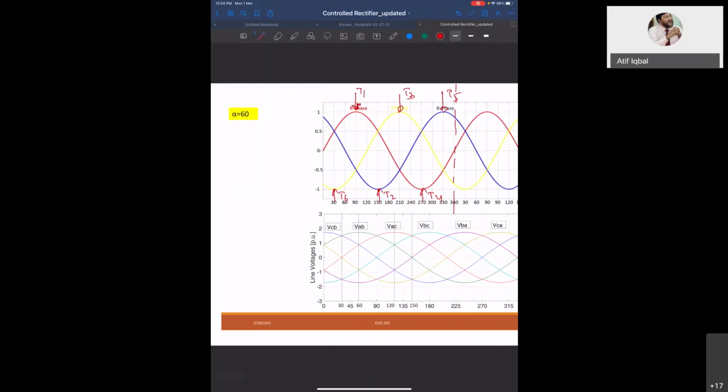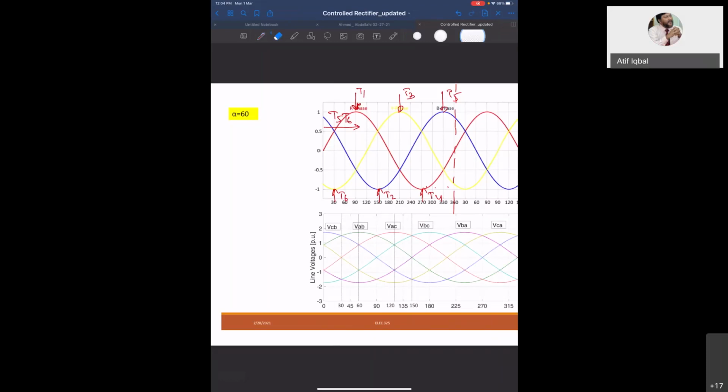So now you see one more shifting of T5, from here to here, T5. So T5, T6 is operating from here to here. Okay, and T6 is here. So where is T4? 1, 2, 3, 4.